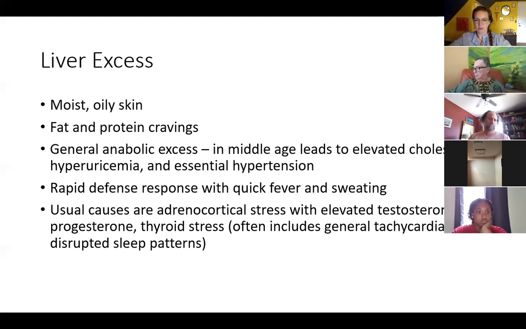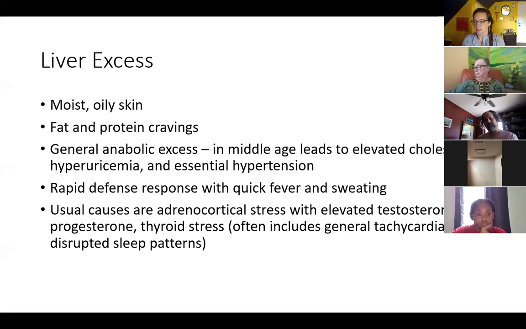Your body is ramped up to produce because you are demanding the production of the energy. And then that's what leads to too much cholesterol, or hyperuricemia. Hyperuricemia is your body makes too much uric acid, or your kidneys aren't processing enough of it. And so it's just the idea of too much.